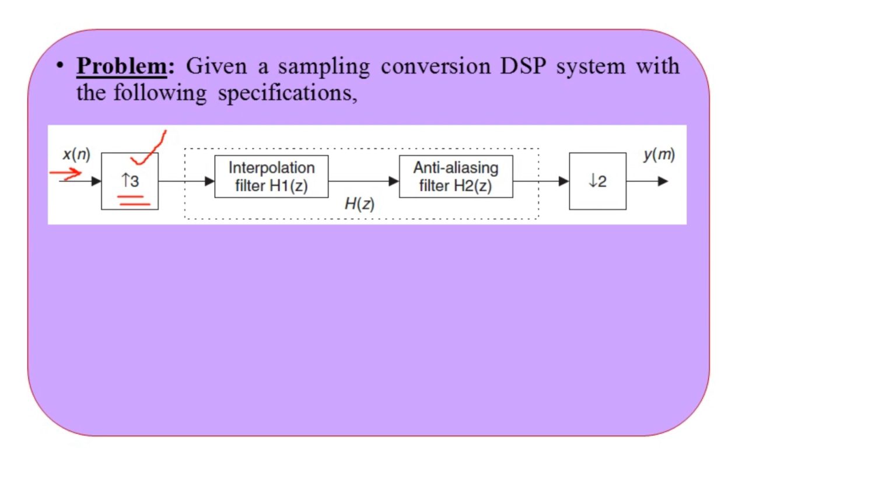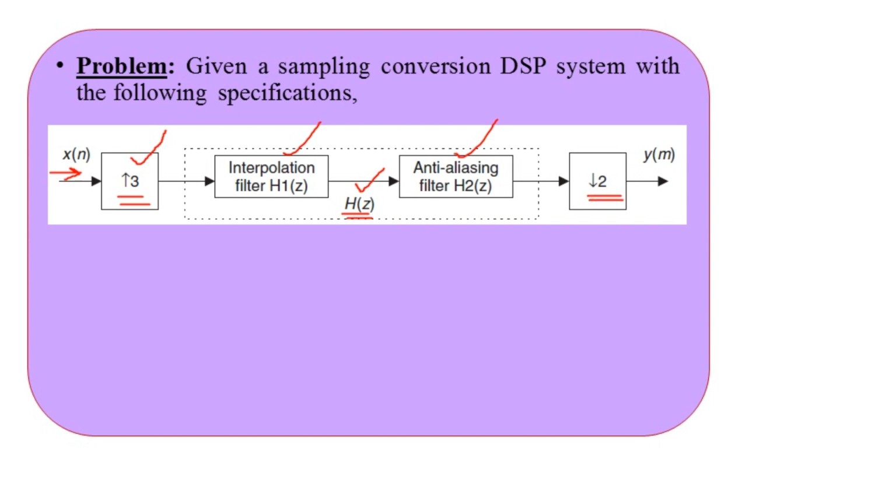Then inside there is the filter, which consists of the interpolation filter part H1 of Z, the transfer function, and the anti-aliasing filter denoted by H2 of Z. The combined representation is H of Z, and then we have the last block having a downwards arrow and the value 2.